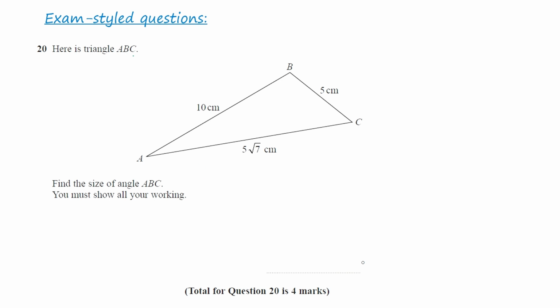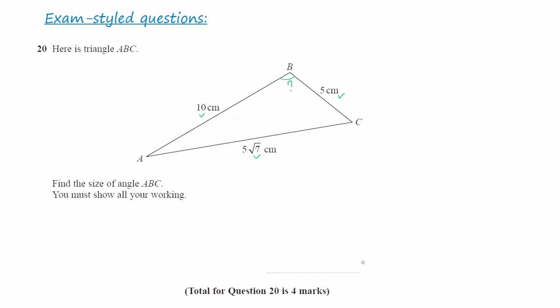Let's have a look at another question. Here is a triangle ABC. Angle ABC is here. We need to find this one. So let's look at what we know in the question. We know one side, another side, and another side.